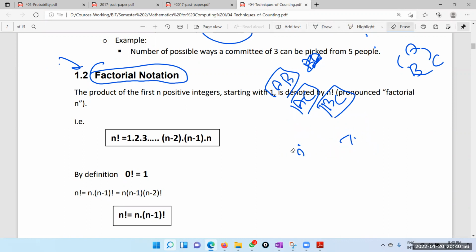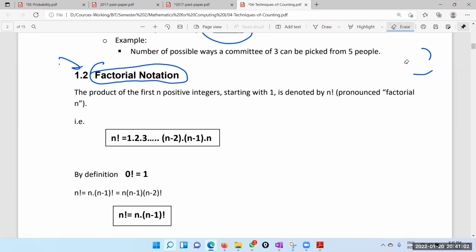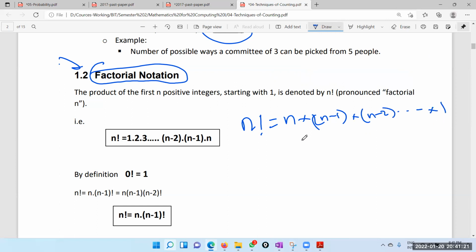How to calculate the factorial of a number by definition. Remember we did that definition in semester 1. Factorial n is n into n minus 1 into n minus 2, and so on until you get 1.